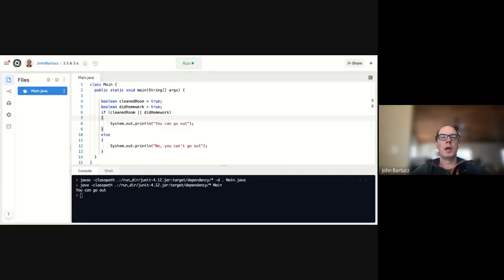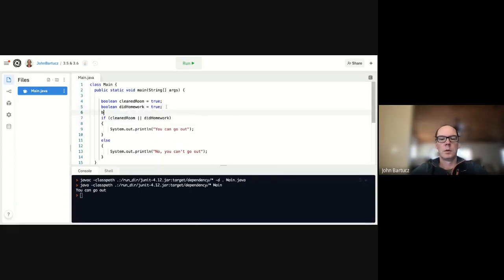And they have an order of precedence as well. So, cleaned room, did homework, empty dishwasher, false. This is not totally clear, right? Because you don't know if it's empty dishwasher and cleaned room.